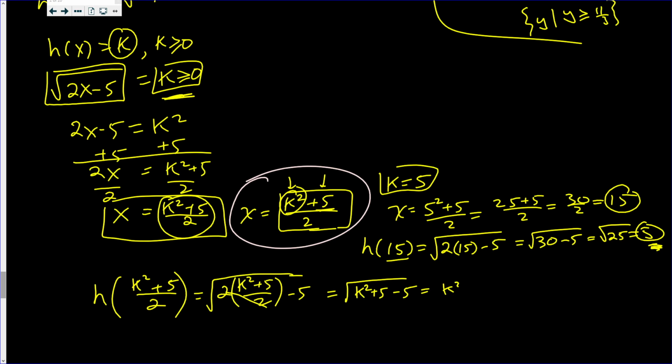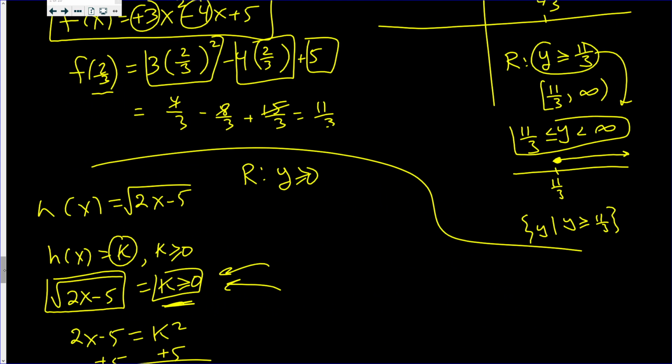That's just k squared. And the square root of k squared, if k is not negative, it's greater than or equal to 0, I get back k. Okay, I can take h of something and get back any positive k value. That is why the range is at least 0.